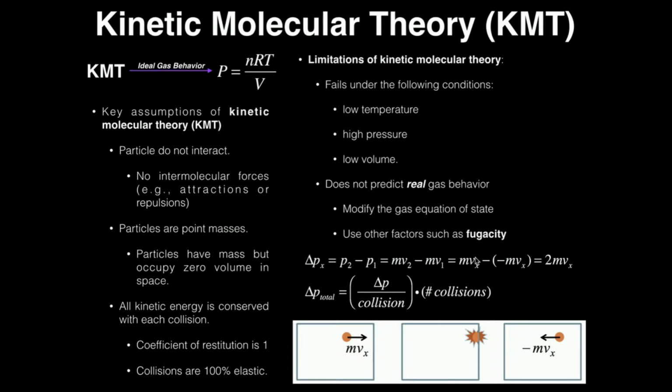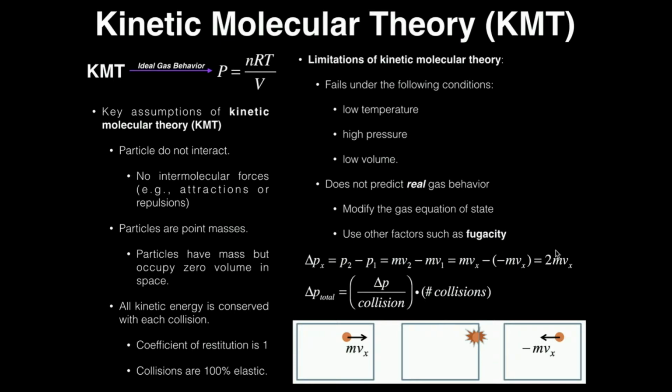Now here's where I kind of intentionally mixed up the signs, because normally we do final minus initial. The final in this case is negative, so technically, accounting for the particular velocities at these given points, mv2 minus mv1 should be negative mvx minus positive mvx. And so your overall change in momentum should be negative 2mvx.